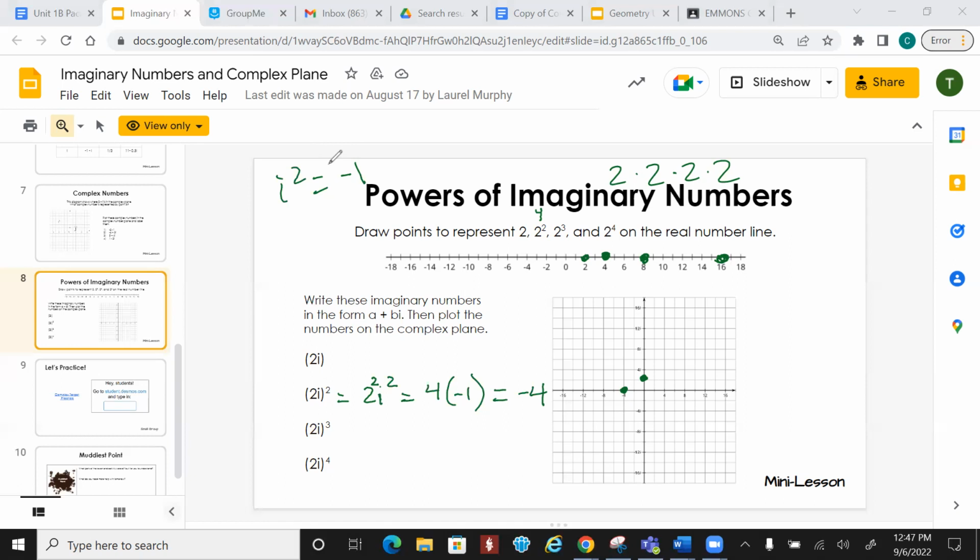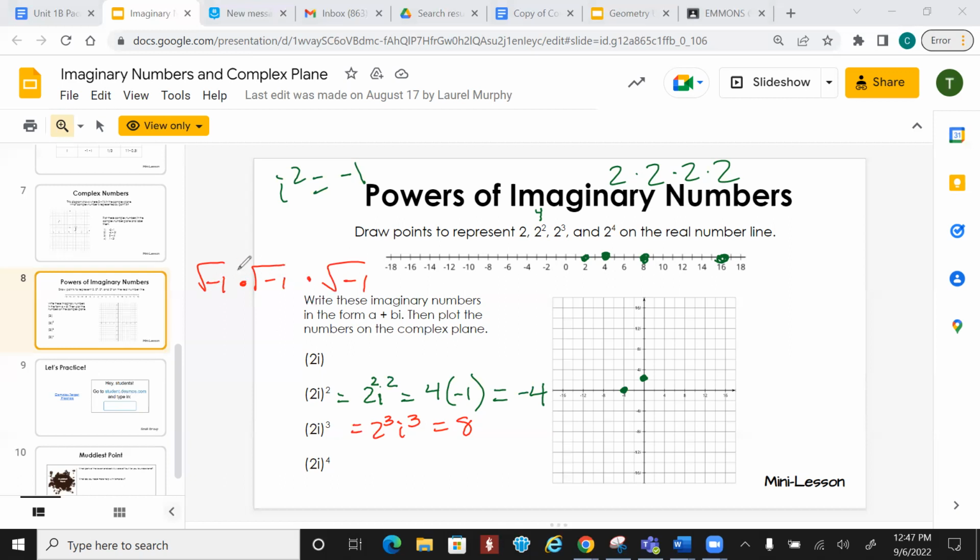On the next one, we have 2i cubed. So that's the same thing as saying take 2, raise it to the third, take i, raise it to the third. Well, what's 2 cubed? 8. I cubed is the same thing as saying the square root of -1 times the square root of -1 times the square root of -1.